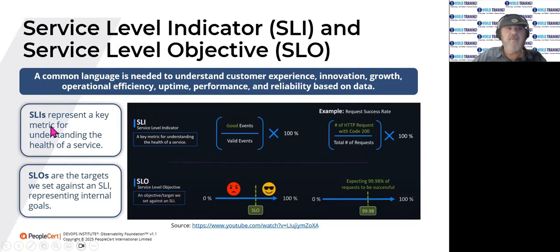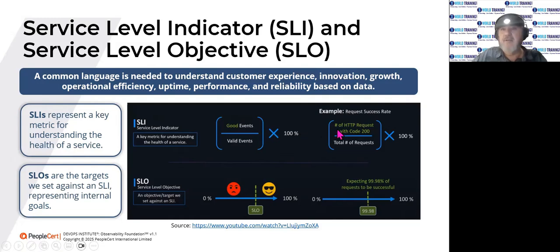So SLIs represent a metric for understanding the health of the service, where SLOs are the objectives, the targets that are using SLIs to represent those goals. So this kind of explains a little bit, a rapid explanation. An SLI, service level indicator, is for understanding the health, and it's typically represented as the number of good events over the total number of events times 100.